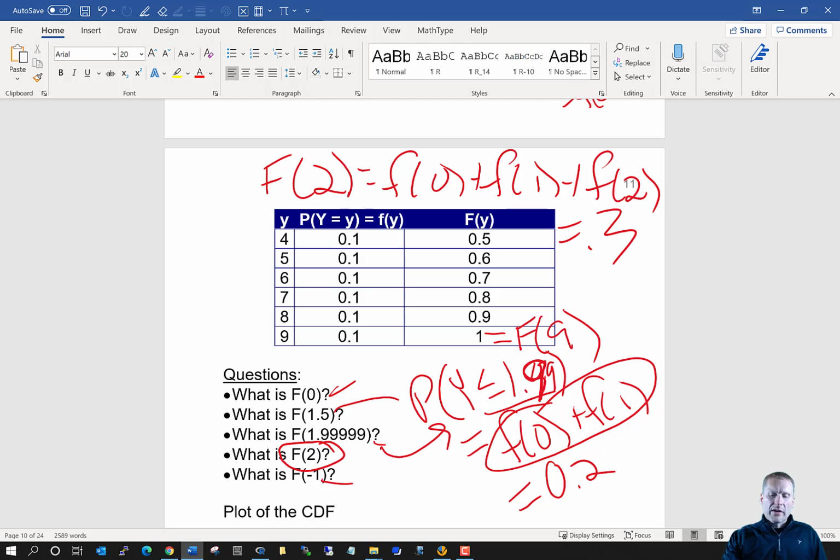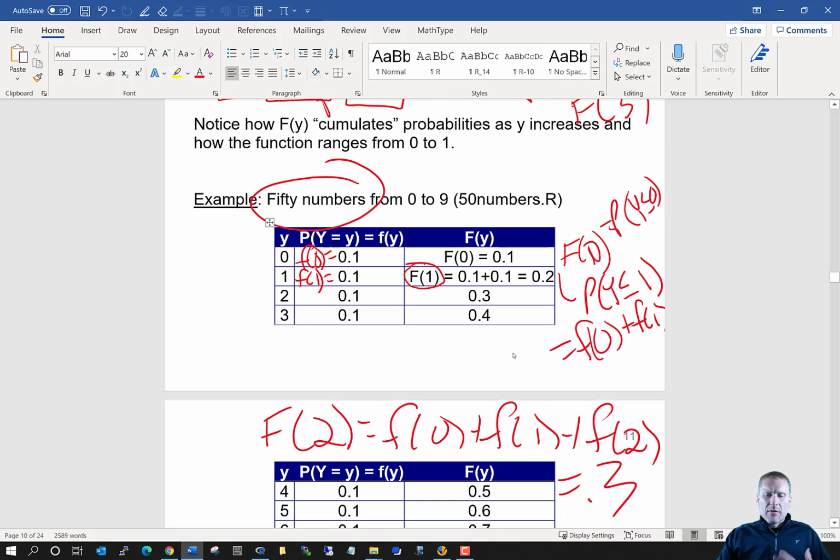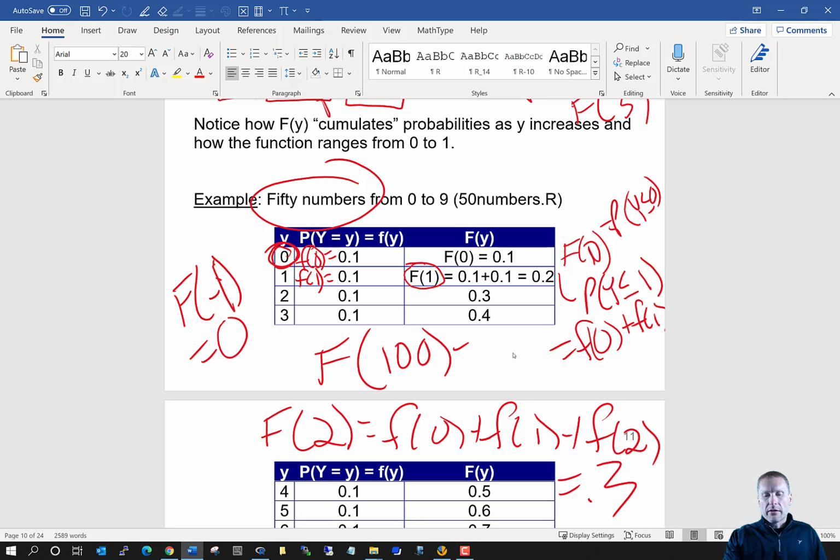And lastly, what's capital F of negative 1? Oh, remember, we don't have any probabilities in terms of a function of y until we get to at least 0. So that means capital F of negative 1 is equal to 0. What's capital F of, let's say, 100? Well, again, I can have numbers 0 through 9, and I'm accumulating these probabilities, so it's 1.